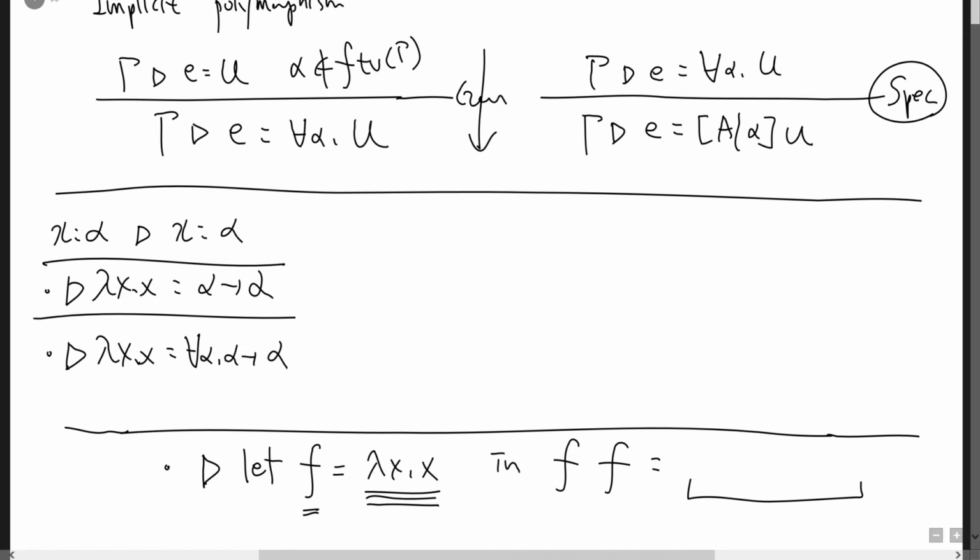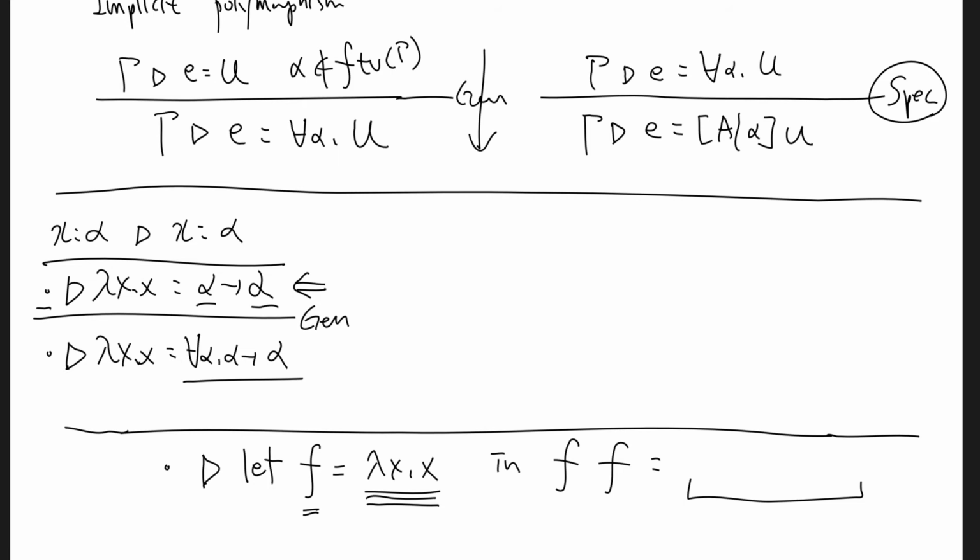Now remember that we want to apply the generalization rule aggressively. Whenever you can apply it, do apply it. In this case, alpha is found in the resultant type, here and here, but it's not found in the typing context. So we can apply the generalization rule, and we have this polymorphic type for all alpha, alpha arrow alpha, which is actually the most general type that can be assigned to this lambda abstraction.